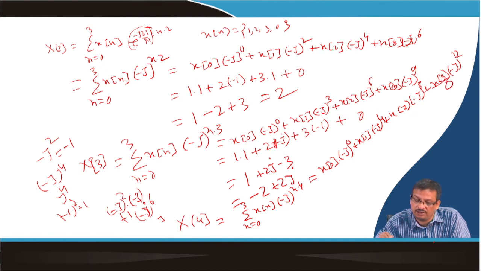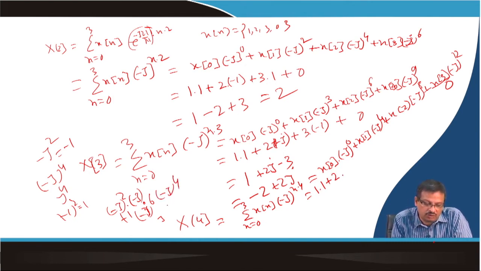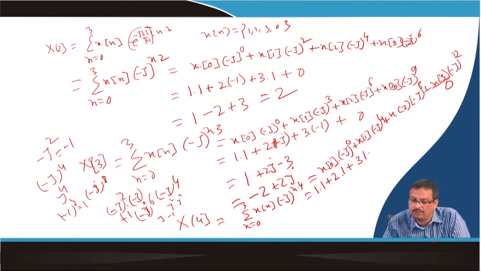So this part is 0. So this part is 1 into 1, plus x1, which is 2, into minus j to the power 4, so j square into j square, that is minus 1 into minus 1, which is 1. Plus x of 2, which is 3, into minus j to the power 8, again it will be 1 only, plus 0. So I can say it is 1 plus 2 plus 3, which is nothing but 6.